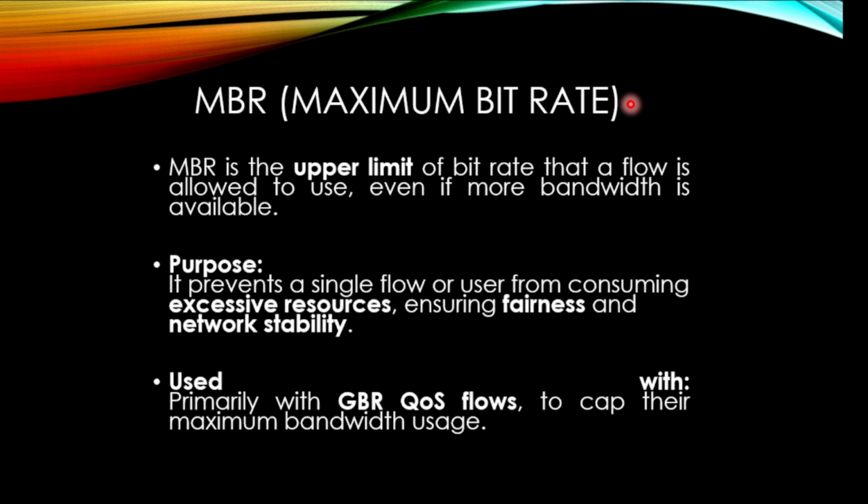Let's say you have excessive resources that are not allocated to anyone, and you don't want the abuse of consumption of these resources when the network is not congested, when the network usage is very low. So MBR defines the upper limit of bitrate that the flow is allowed to use even when there's much more bandwidth available.